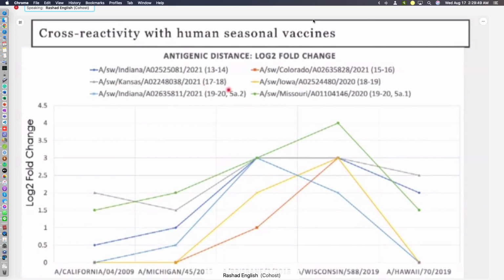I'm getting there. It's giving me a little bit of attitude up here.